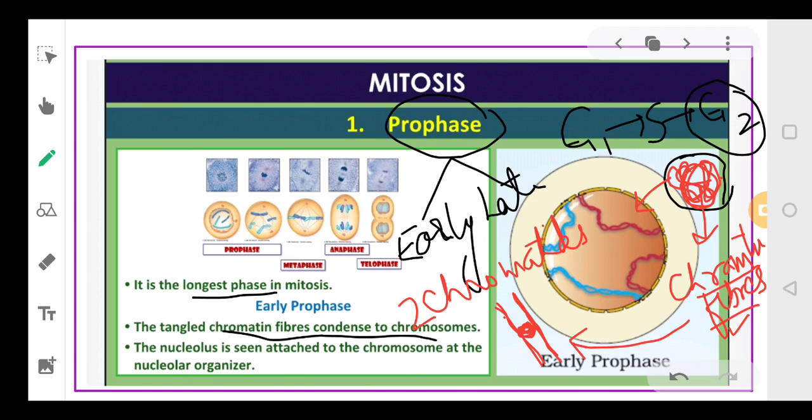As you can see here, one chromosome is comprised of two chromatids, and these two chromatids are attached with each other with the help of the centromere. So in the center we have the centromere. What do we have in the center? Centromere. So one chromosome is made up of two chromatids which are attached with each other with the help of the centromere. Okay? Clear?